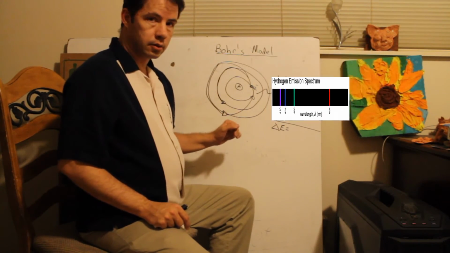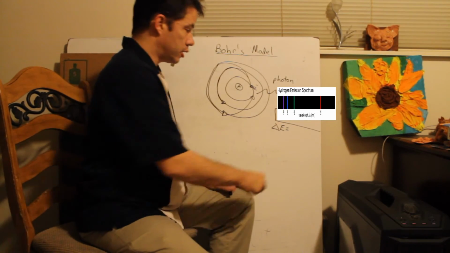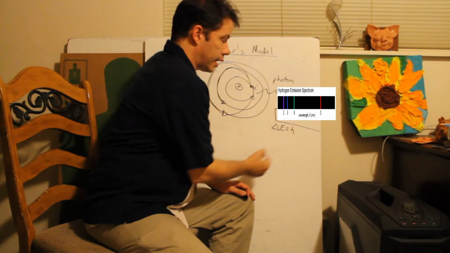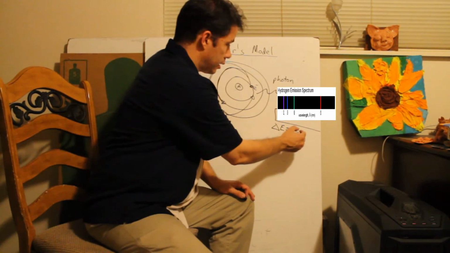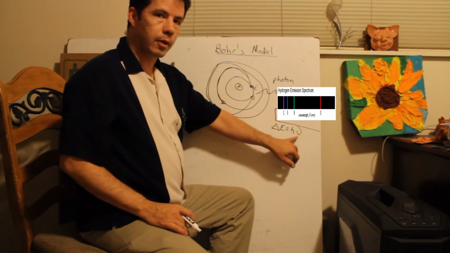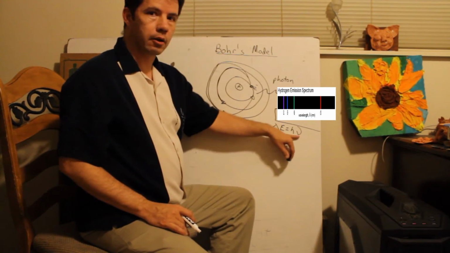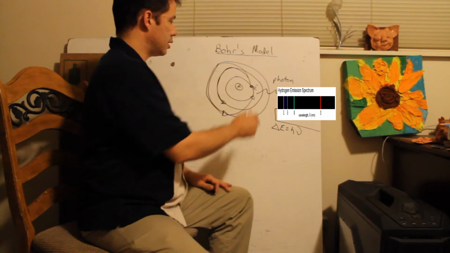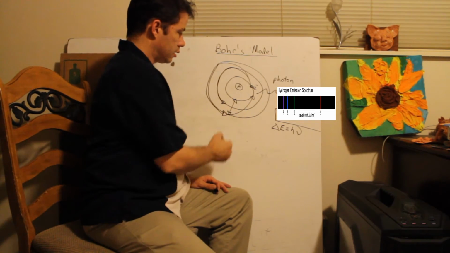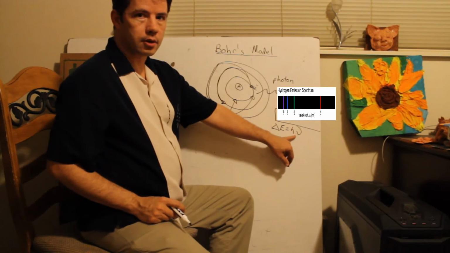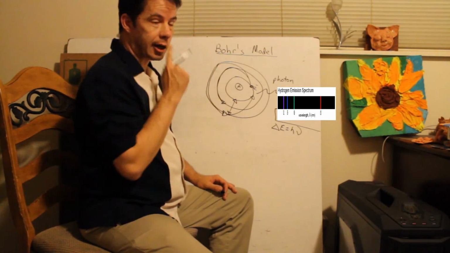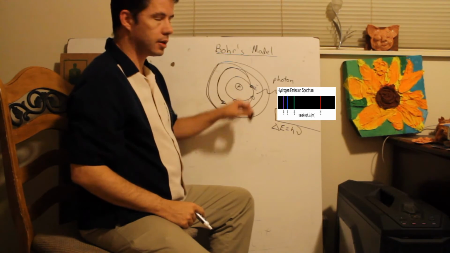Each color has its own energy, and we can calculate energy as Planck's constant times the frequency. We're going to talk more about what these symbols mean later. The change in energy is represented by this equation. So based on the color of light that comes out, I can determine where this electron came from.